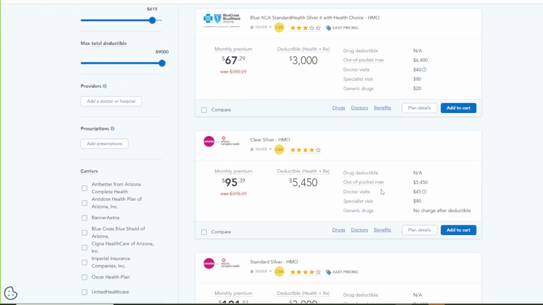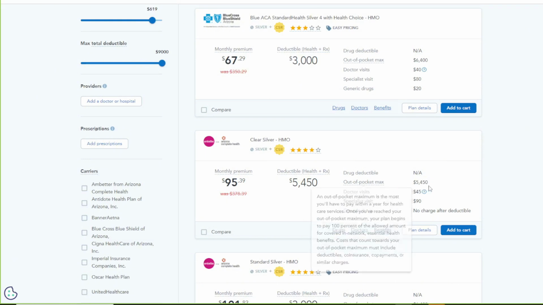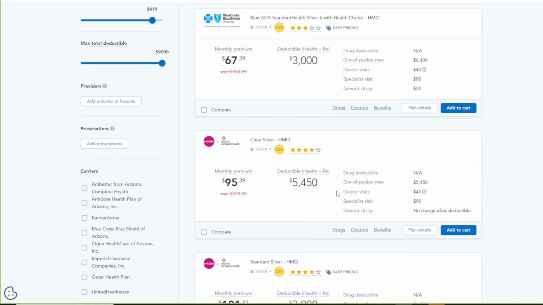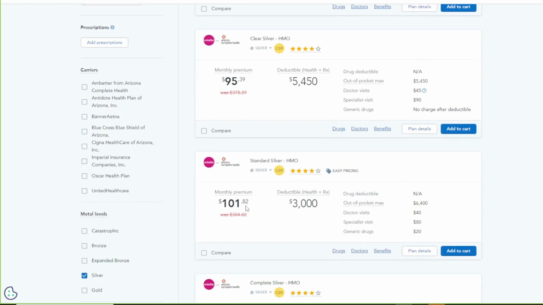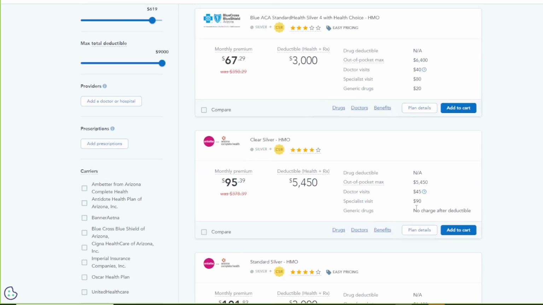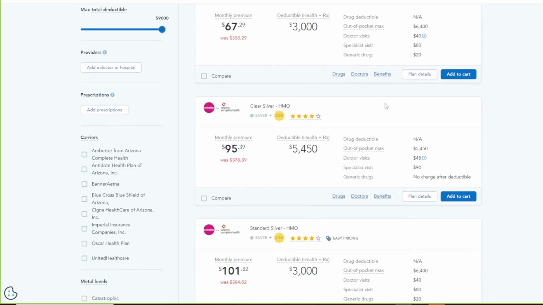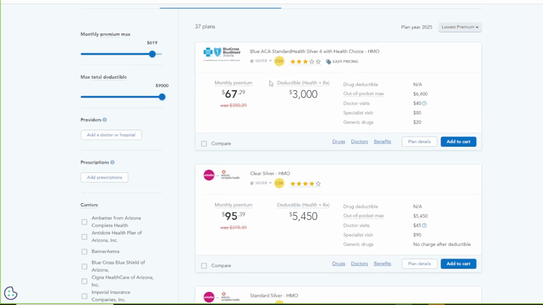You see this one here, it has out of pocket max. This is basically one of those plans where once you meet the deductible, you're covered 100%. They're the same. And then you have this one with Ambetter, $3,000 deductible, and then out of pocket max is $6,400. So these two are going to be very similar. So what we'll do is look at the Blue Cross Blue Shield plan.